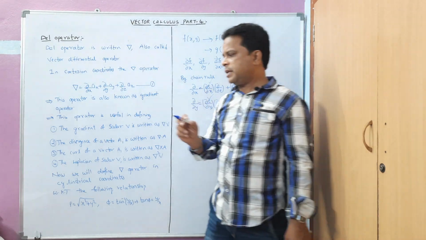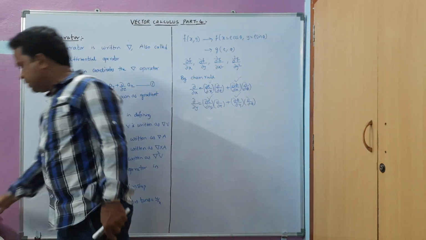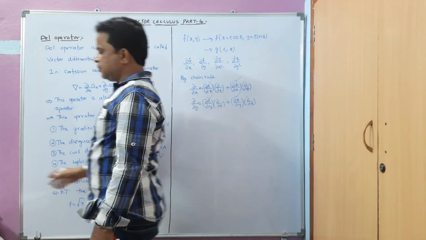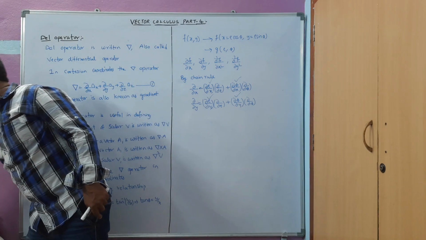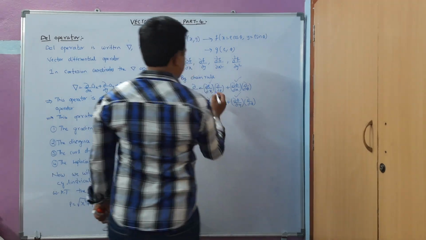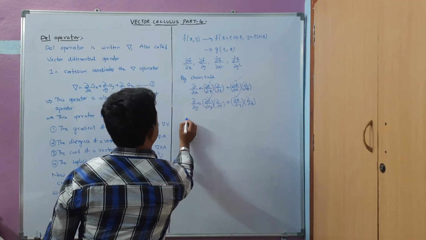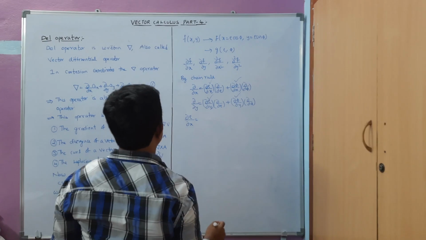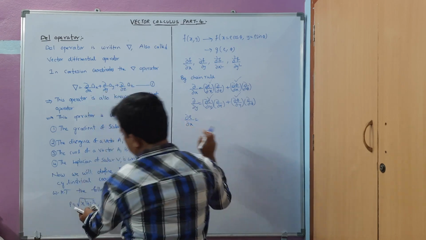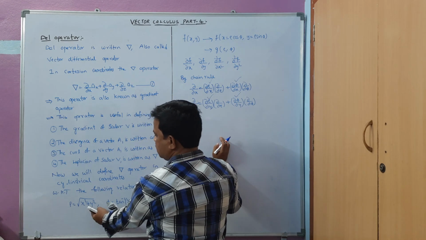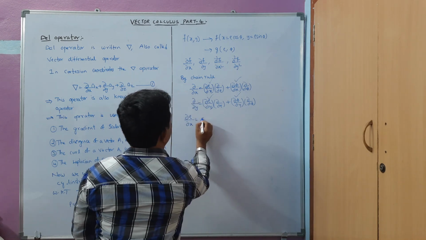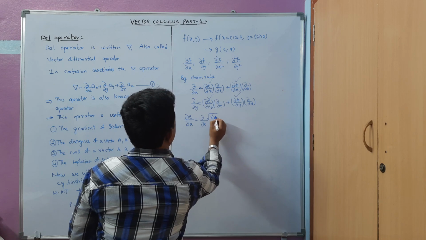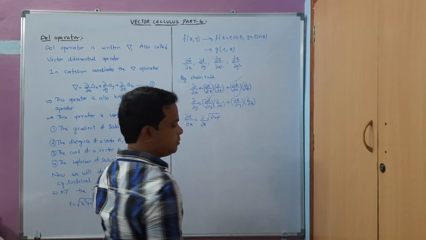Okay. Now let us try to derive one by one here. First we will take dou rho by dou x. We know rho is equal to square root of x square plus y square, so dou by dou x of square root of x square plus y square.